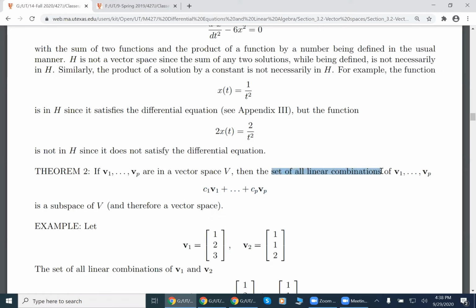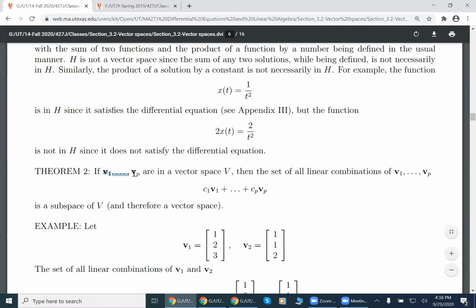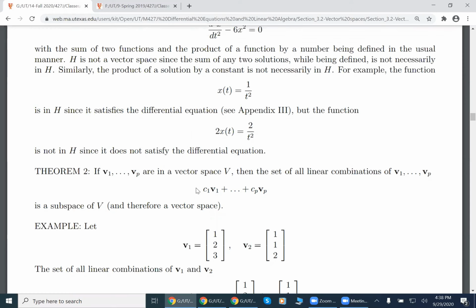Here we are talking about the set of all possible linear combinations. In other words, over here we have a finite number of vectors, p vectors. Over here we have infinitely many vectors, all their linear combinations. In particular, if p is equal to 1, if over here we have just one vector v1, what is written here becomes c1 v1 only.